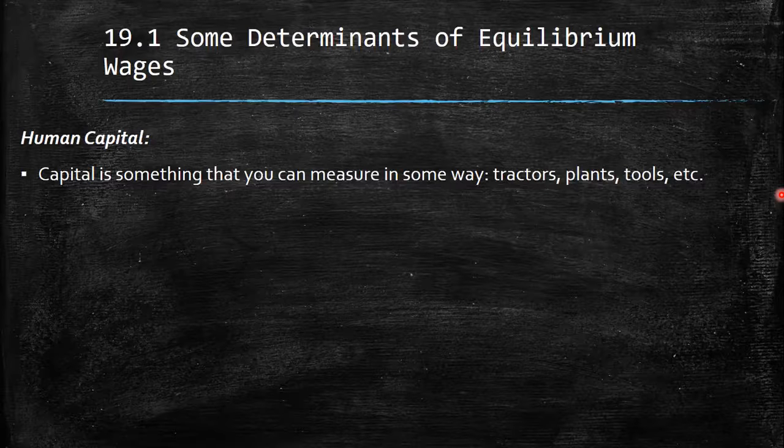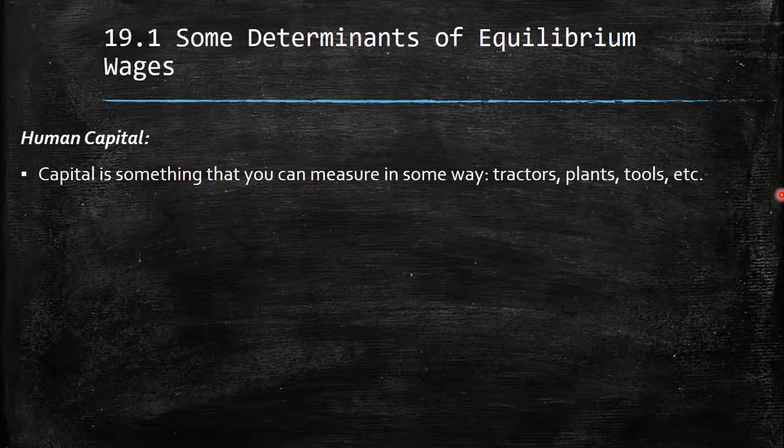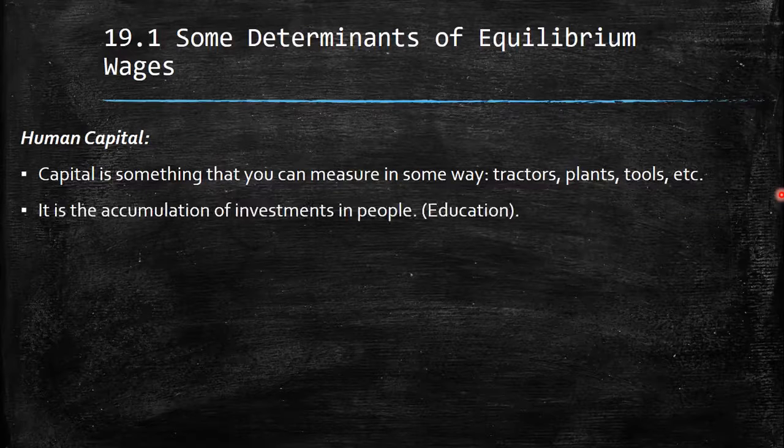For example, in a company, you can see tractors, plants, tools, machinery, laptops. But human capital is an asset, something that is valuable by itself. We can define it as the accumulation of investment in people, summarized in education.